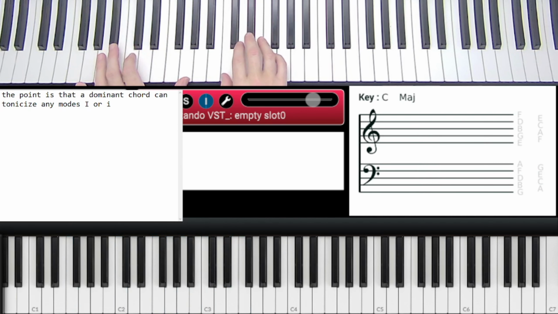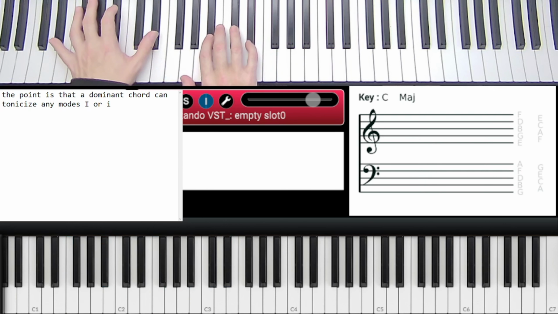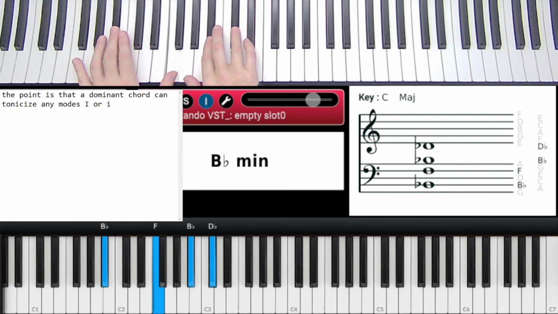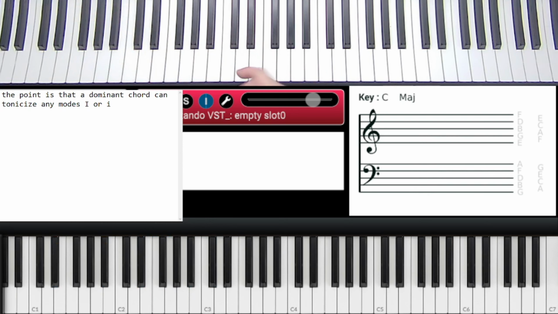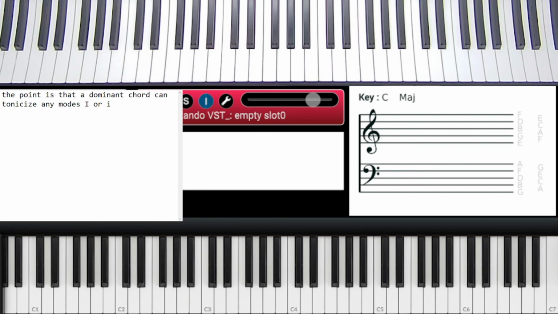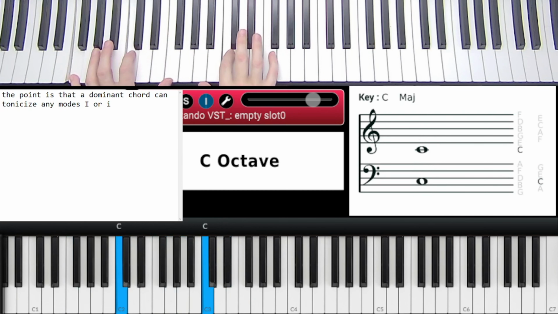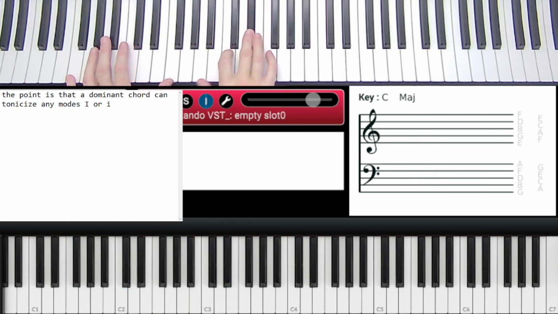So we could do something like this. Now the Dorian's 4 is a dominant chord, so we could transition from that to B Dorian, etc., using it as a 5 chord. C Dorian's 4 chord can also be a dominant chord, so you could do stuff like that. So we could do something like this.